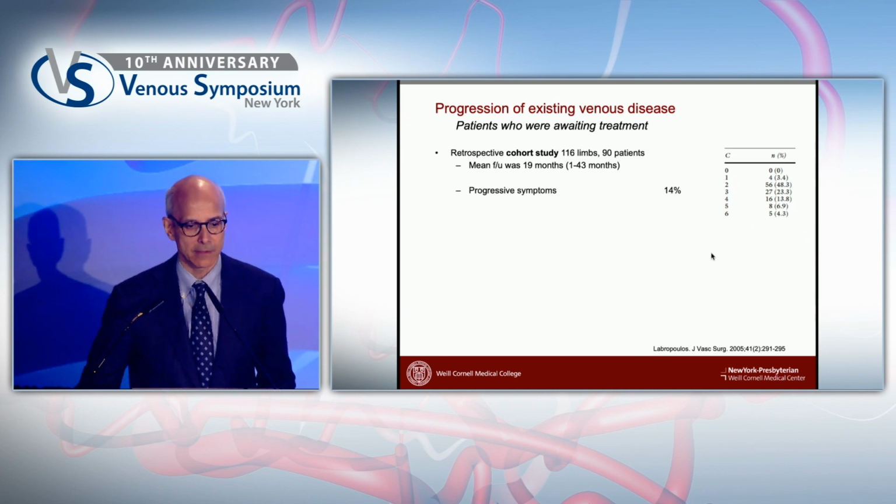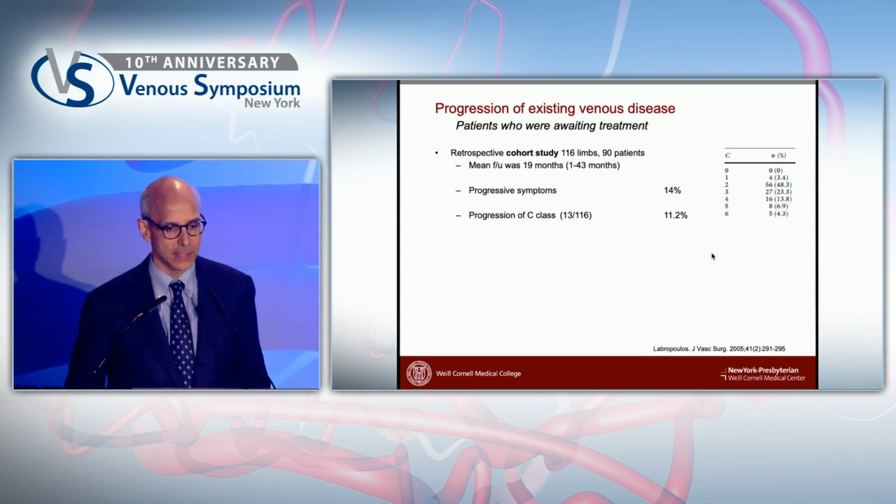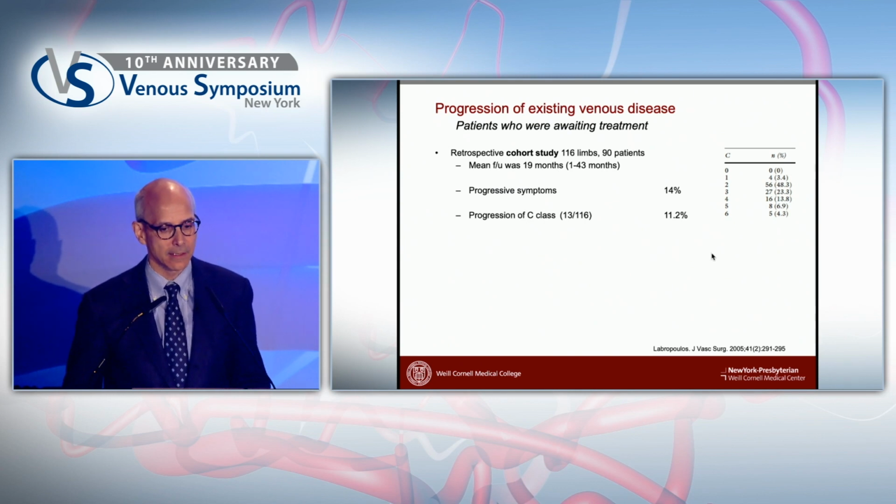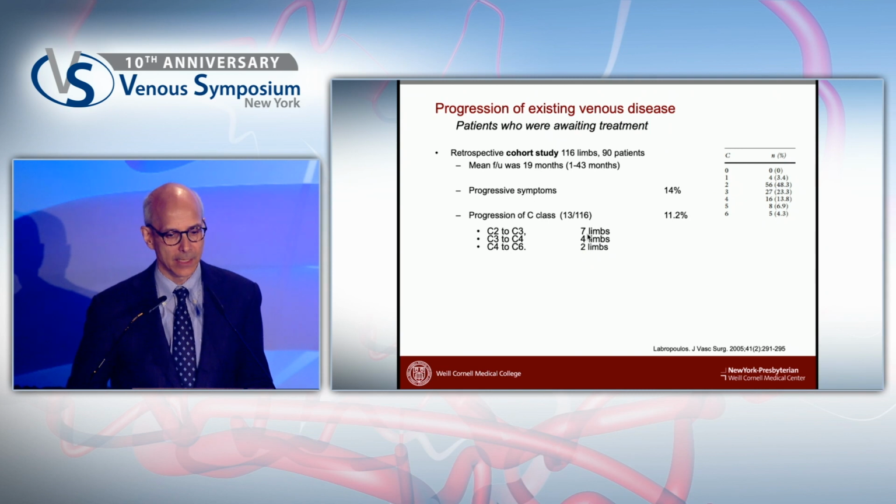He noticed over that time period progressive symptoms in 14%, a progression of the C class in 11%. Specifically, again, most of the patients are advancing from C2 to C3, but even those who had CVI before, there was some progression to ulceration.